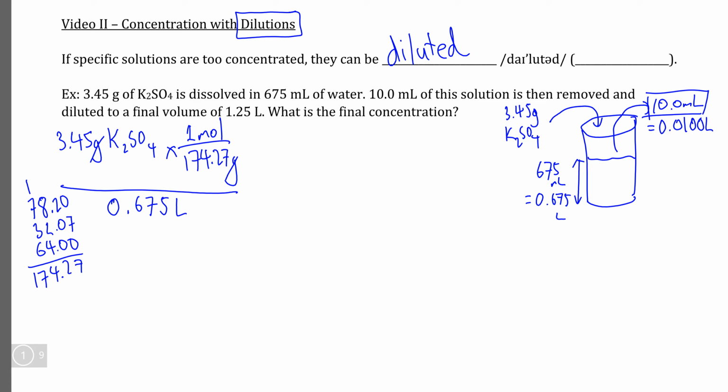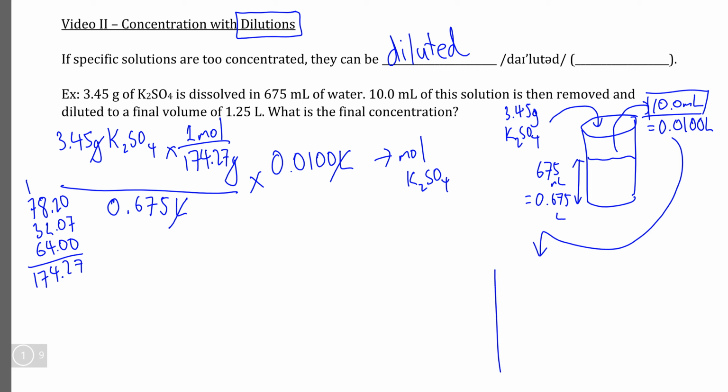To do that, all we need to do is take our concentration that we found here and multiply it by the volume that we removed, 10 milliliters or 0.01 liters, and that tells us the amount of moles of K2SO4 that we removed from the original solution. So this is step number 2.